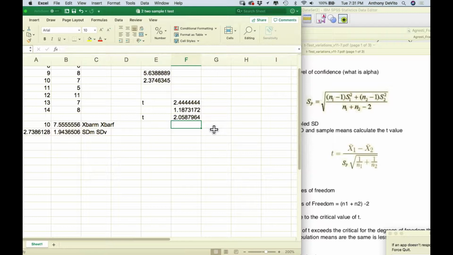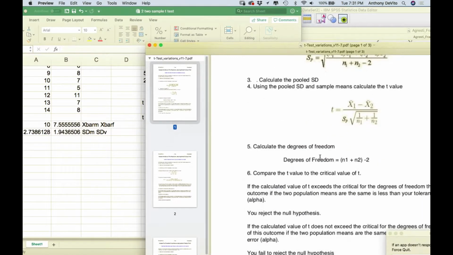Okay, so now I've got a t-score, and I have to know whether it's large enough for me to reject my null hypothesis, right? So I need to know the critical value of t for this sample size. Well, there's two samples though. So what's the sample size? Well, if you look down further in these instructions, calculate the degrees of freedom.